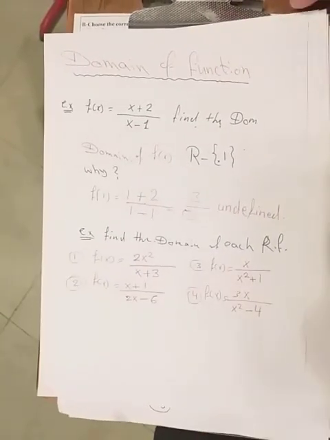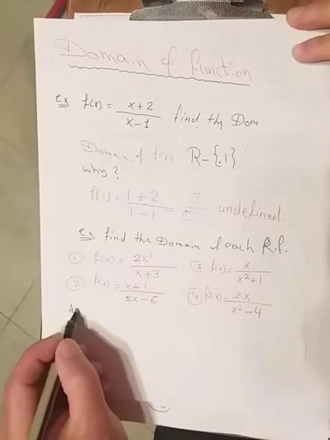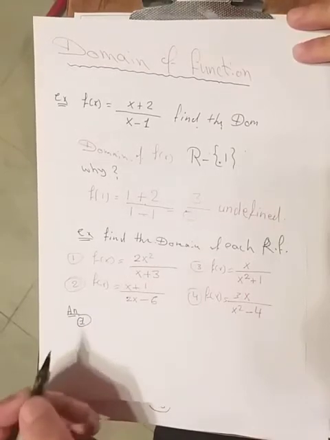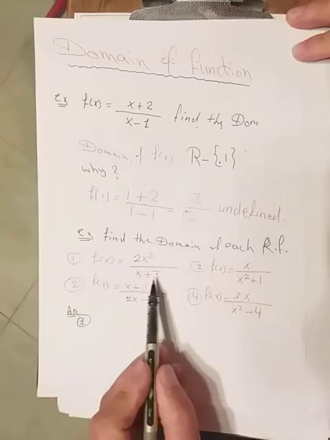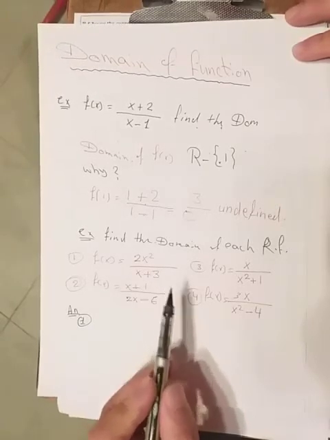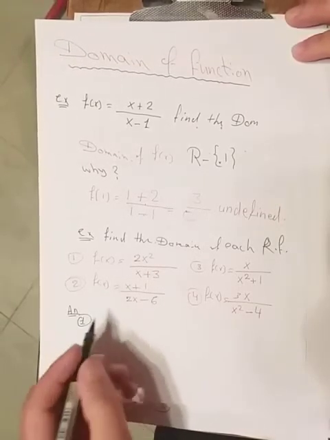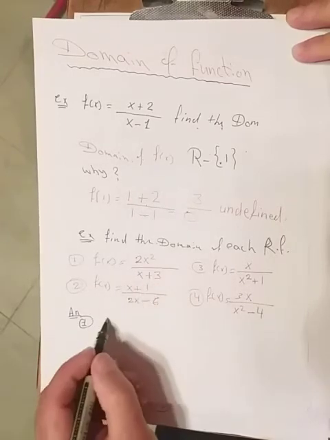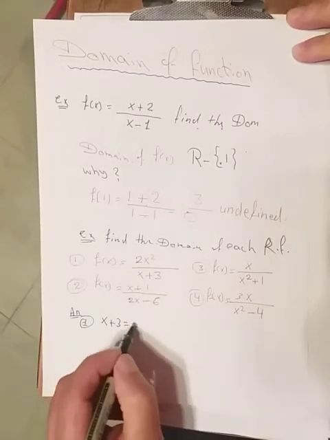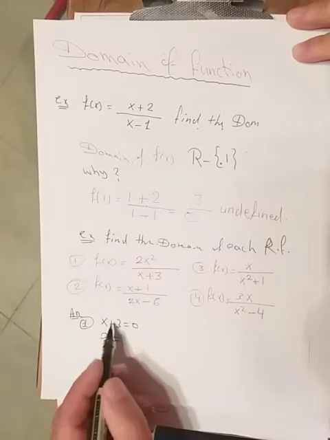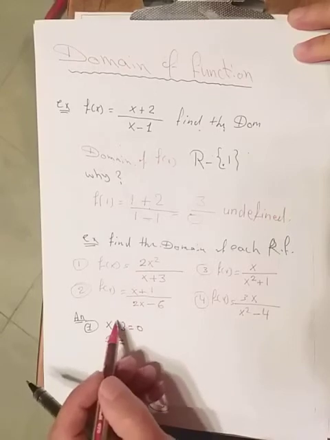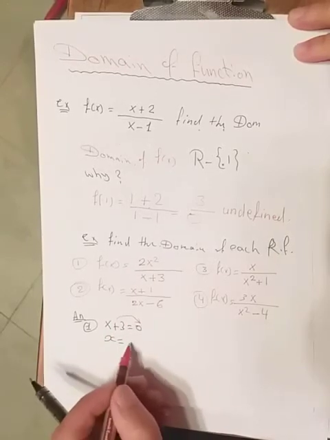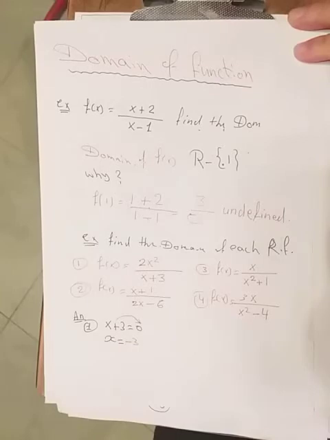Let me start with the first one. For the domain of f of x, look at the denominator, only the denominator. x plus 3 equals 0 means x equals minus 3.